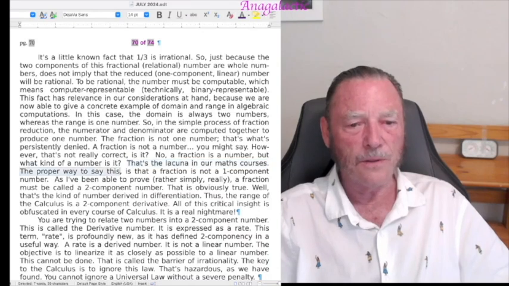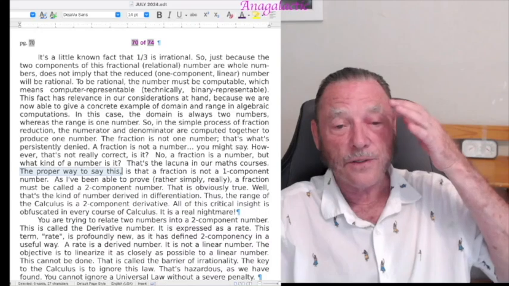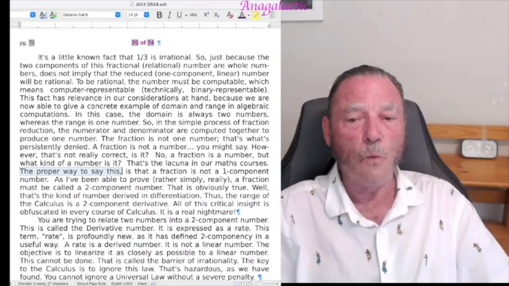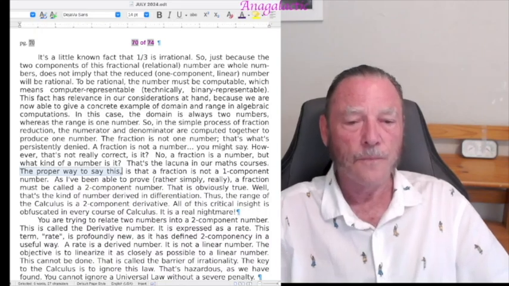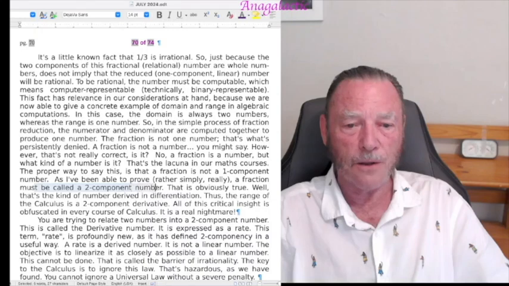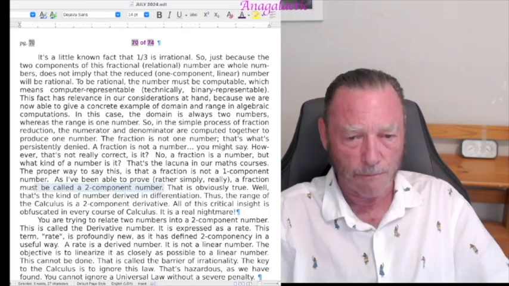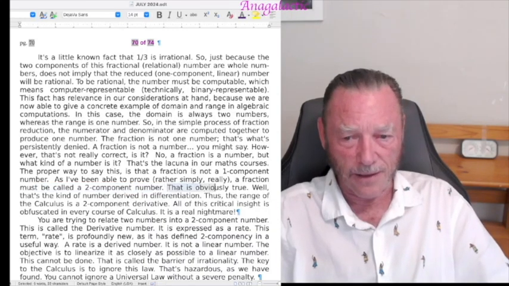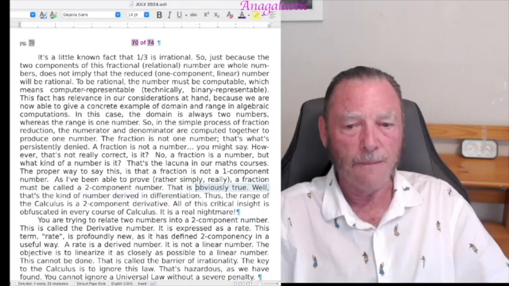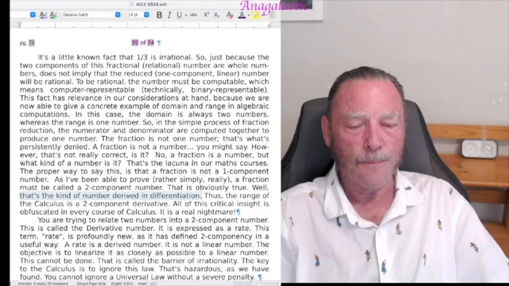That means a hole in your head. The proper way to say this is that a fraction is not a one-component number. As I've been able to prove, a fraction must be called a two-component number. That is tautological. Well, that's the kind of number derived.